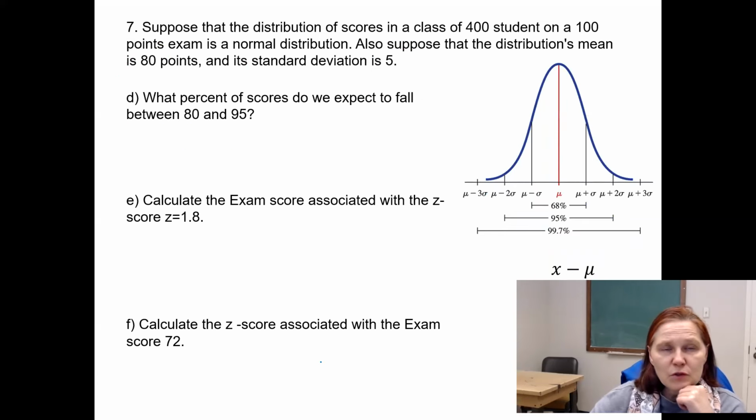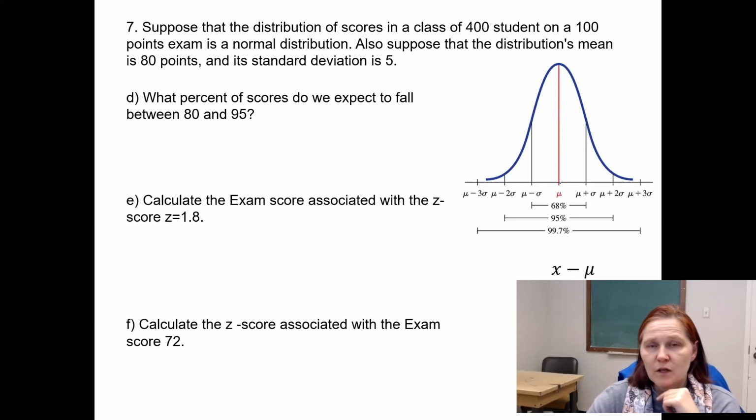What percent of scores do we expect to fall between 80 and 95? Let us recall the mean is 80, then one standard deviation is 85, then 90, 95. So this interval goes from the mean to 3 standard deviations.